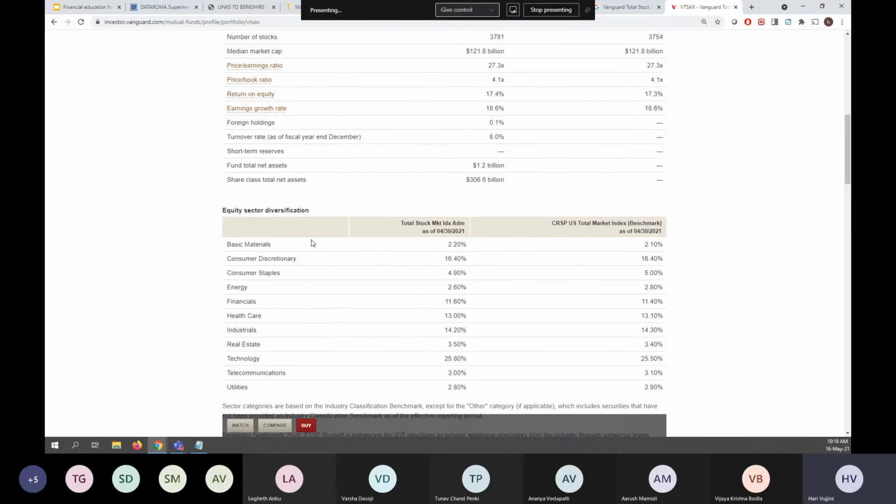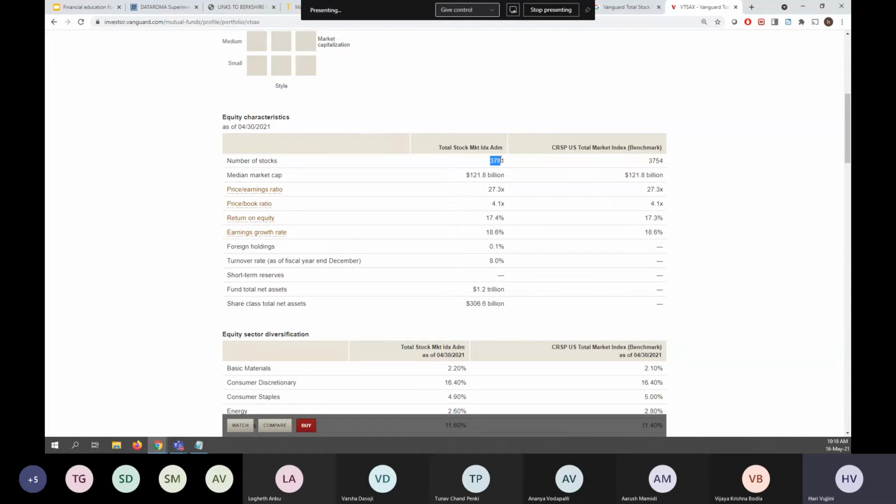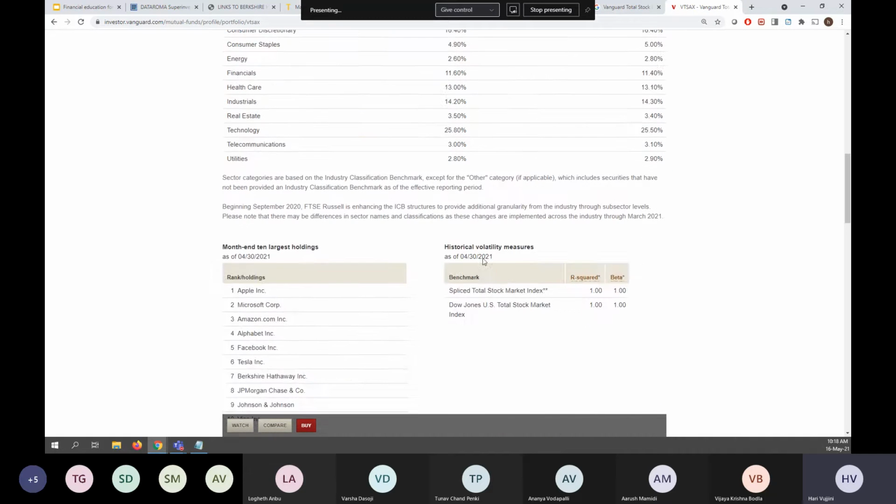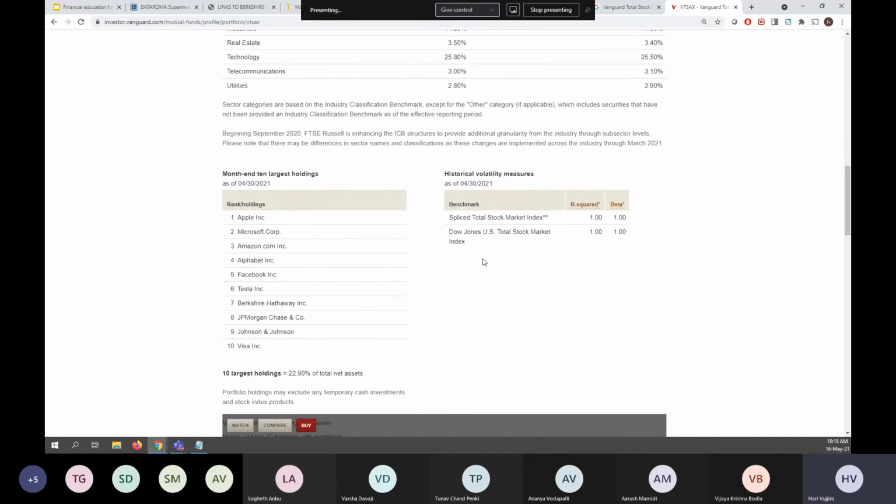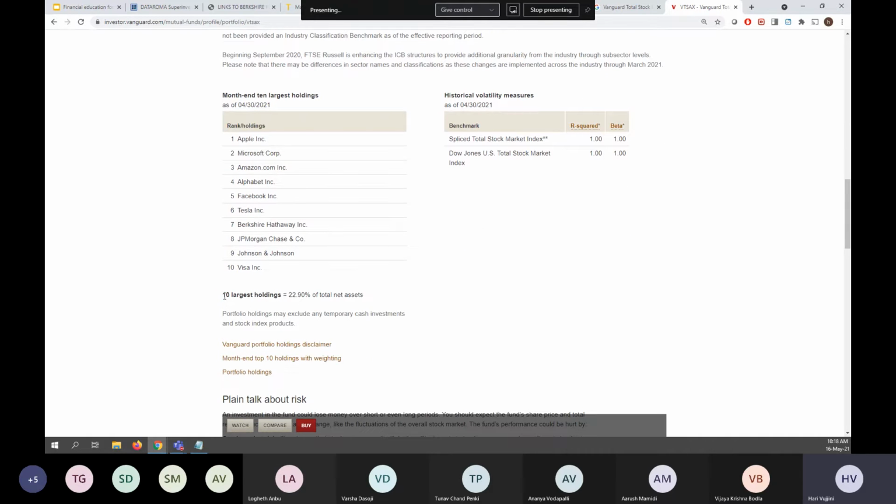This index consists of 3,781 shares, but the 10 largest holdings make up 22.90%. So if these top 10 holdings go down by 2%, it would definitely have an impact, because these are the major companies in the index.